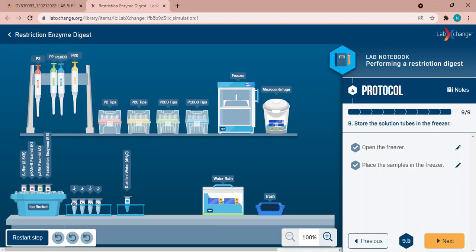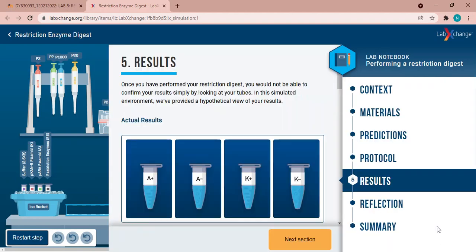Then, place the samples in the freezer. Okay, close. And that's all. This is the results. So that's all for the lab simulation of restriction enzyme digest. Thank you.